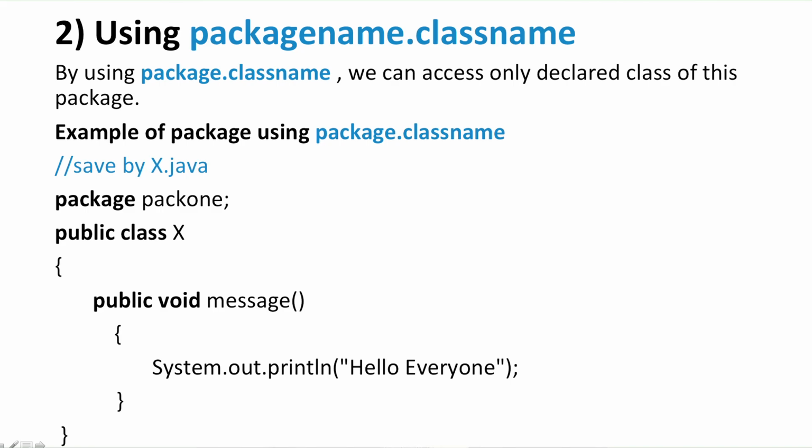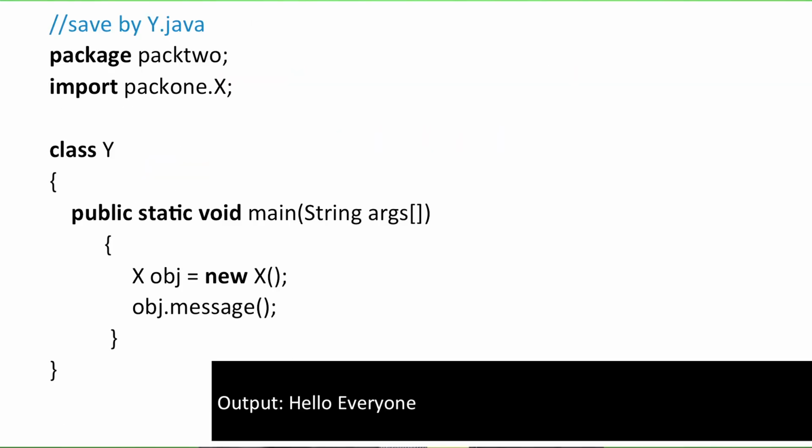Now the scenario which we are discussing here is we have a class X under the package pack1, that is package1, and class X is having message method. This method is printing the message hello everyone. So I think that you have understood this. Now coming to the class Y. Now package pack2, we are just defining the package 2 and I am providing import pack1.x.